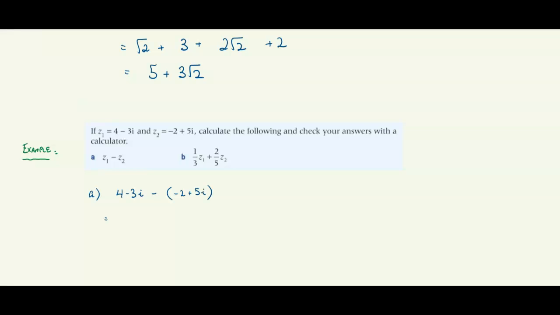Putting our like terms together, that's 4 plus 2, minus 3i minus 5i. So we'd end up with 6 minus 8i, and there we have it. That's my result of finding the difference between Z1 and Z2. As you can see, very similar to our work on surds and just how we would expect these numbers to behave.